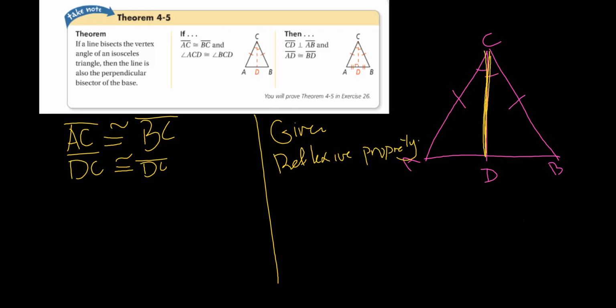So now, the question is that if you know that AC is congruent with BC and CD is congruent with DC because of the reflexive property, and if you know that this angle ACD is congruent with BCD.